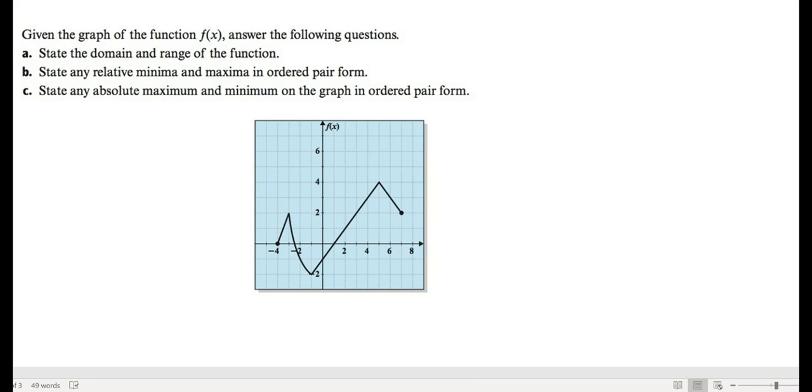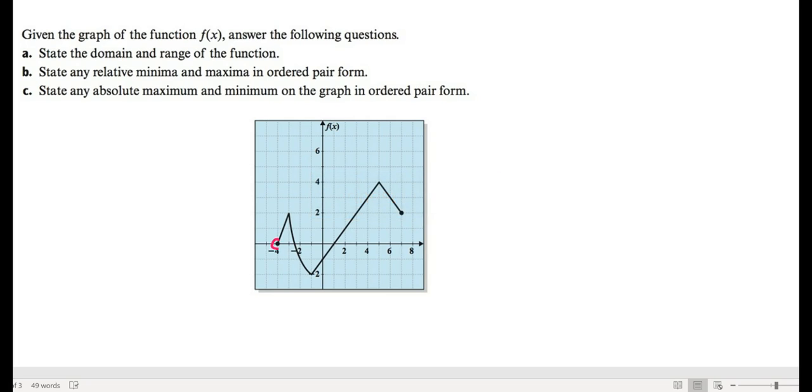Our next problem asks us to state the domain and range of the function. So we know that domain means these are all the allowable x values we can have. So we're going to always go from our farthest left value to our farthest right value on our function. So what's the farthest left we can go and be on our function?